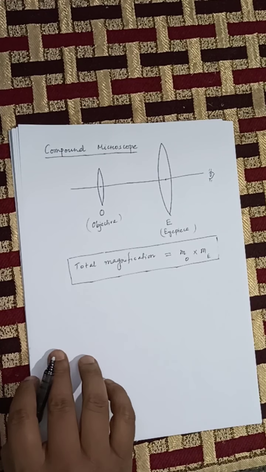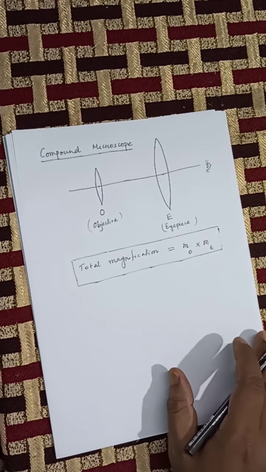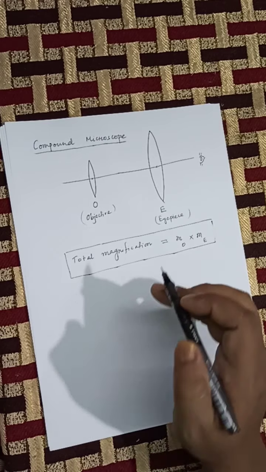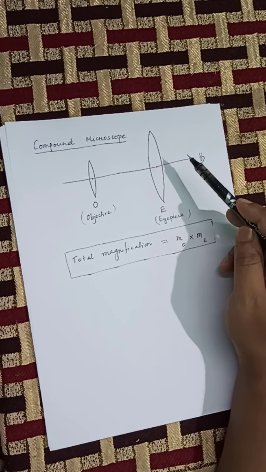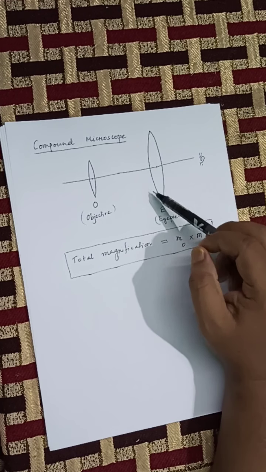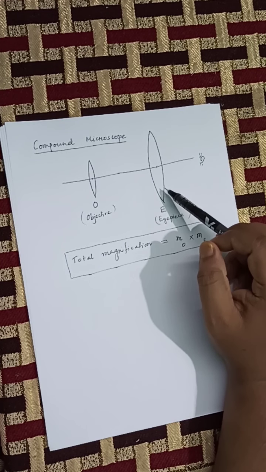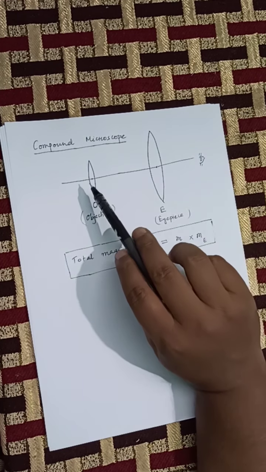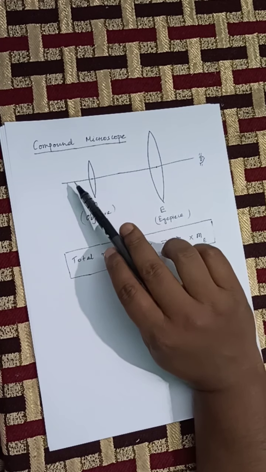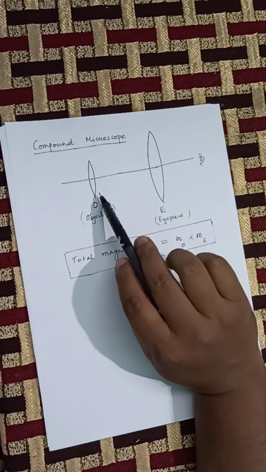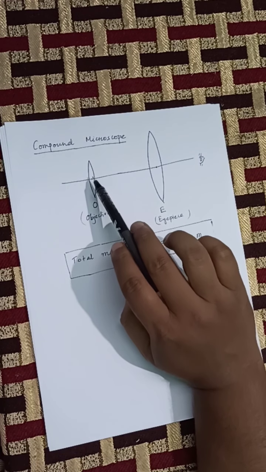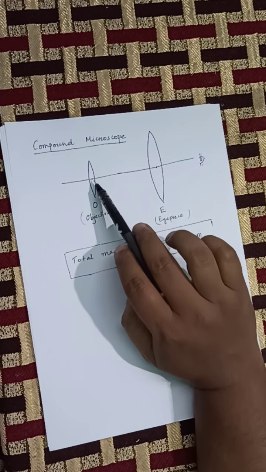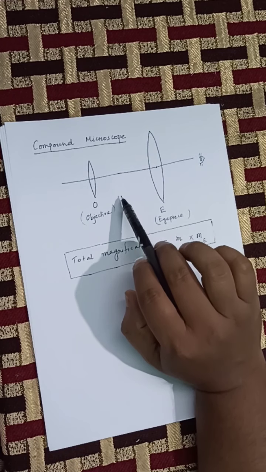Okay, now for image formation, here you see the final image will be formed by the eyepiece lens, isn't it? Okay, because here first the object we have to place in front of the objective lens, then after refraction we'll get one image only due to the objective.